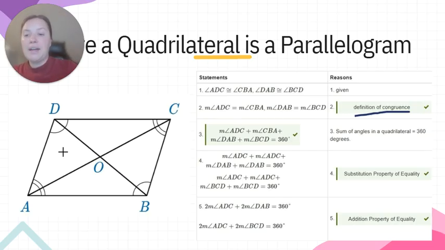Remember that we have these consecutive interior angles here that are equal to 180 degrees, which means that when we add up all of them, we get 360 degrees. So that is our third step here. We're talking about how our angles are equal, and that if we add them all up, we get 360 degrees.